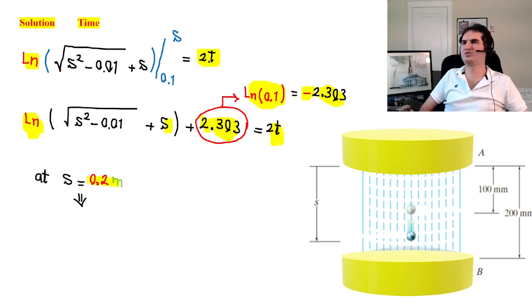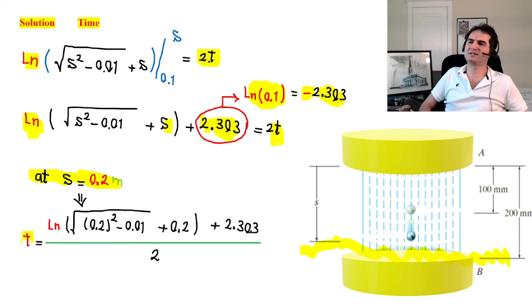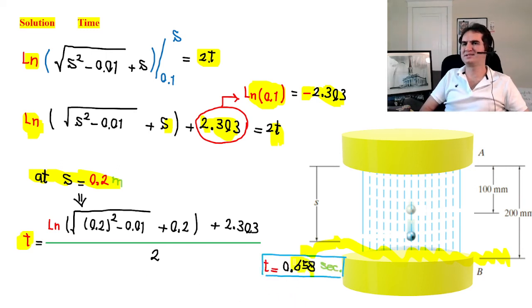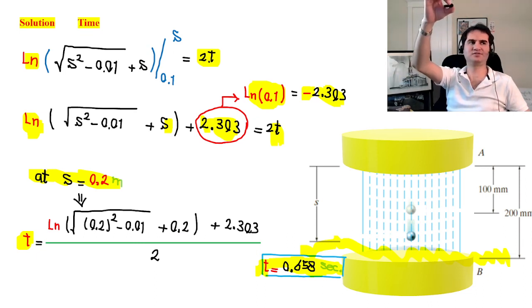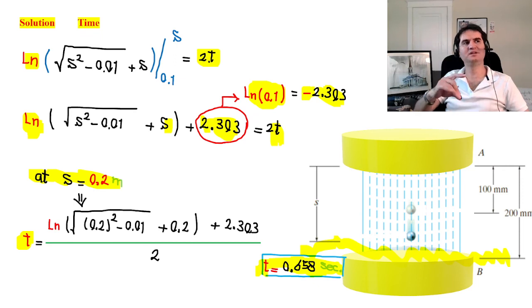At s equal to 0.2 meters, which is provided in the problem statement, almost before hitting the ground, it gives t equal to 0.658 seconds. That's the time the particle travels in the magnetic field from the center to barely touching the ground.